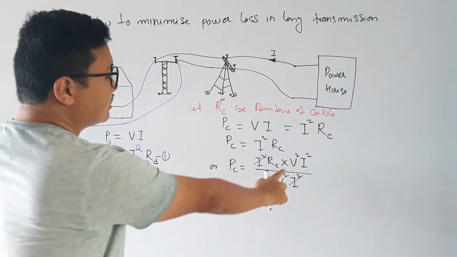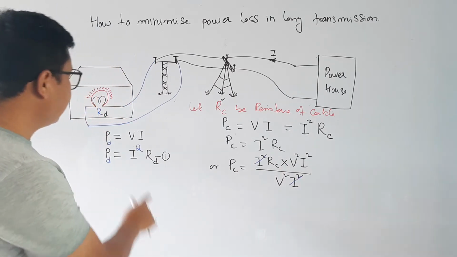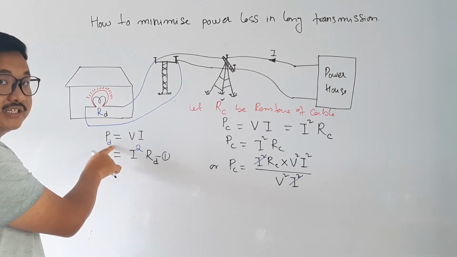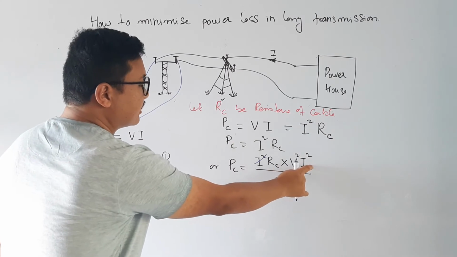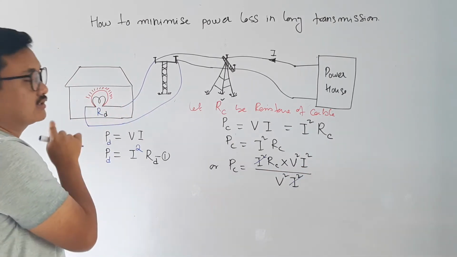Then what is V into I? V into I here is PD, that is the power of this device, and V square I square will be PD square.